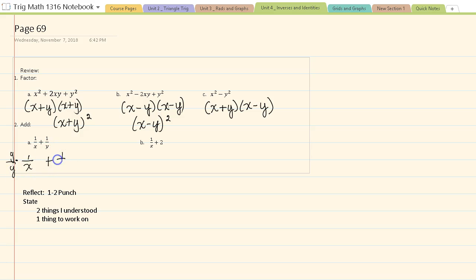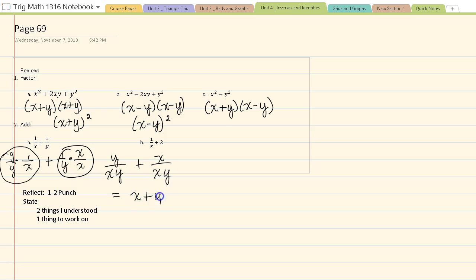And I'm going to get my 1 over y, and I'm going to multiply it times x over x. And that will result in y over xy for the first fraction, and x over xy for the second fraction. And because we have the same denominator, we can see that this is going to be x plus y, or y plus x, over xy.